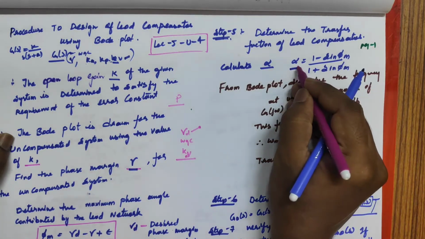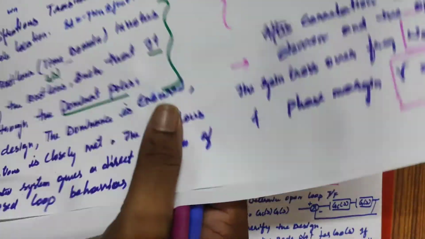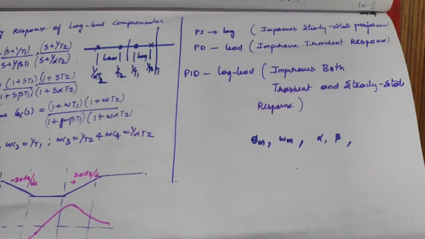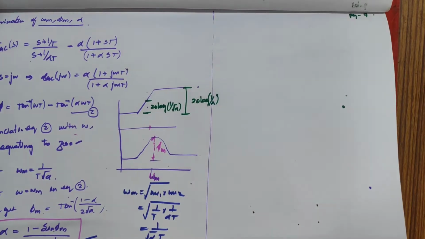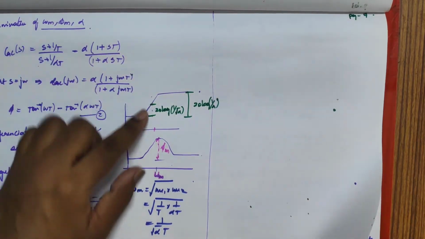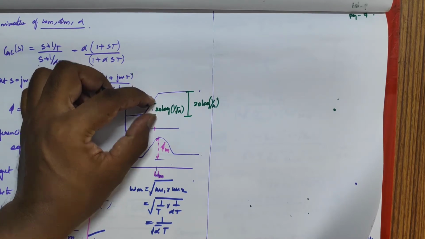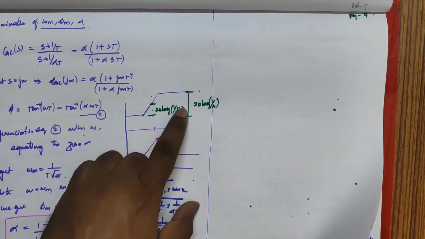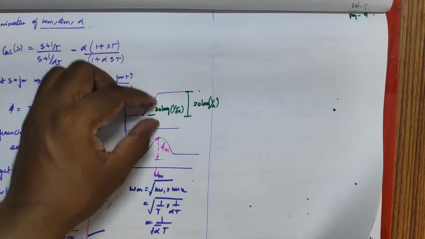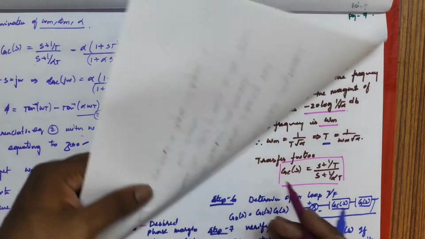After getting the alpha value, as already said, in the lead compensator, this is the lead compensator. We'll find the alpha value. After finding the alpha value, we'll just cascade this lead compensator to the main system, and we'll find the omega m value.